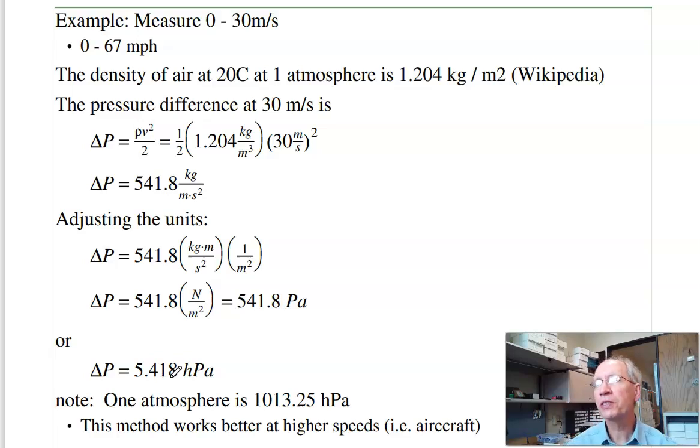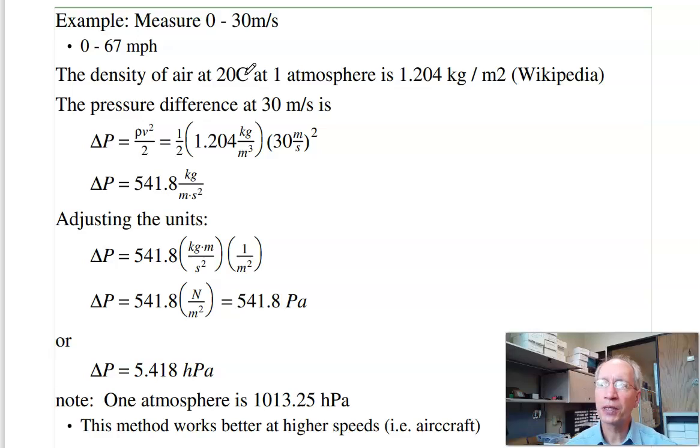So that's the pressure difference that you would see at 30 meters per second, 67 miles an hour. To put that in perspective, 1 atmosphere is 100,000 pascals. So that's 0.5%. If I can measure 500 pascals, I can measure wind speed.